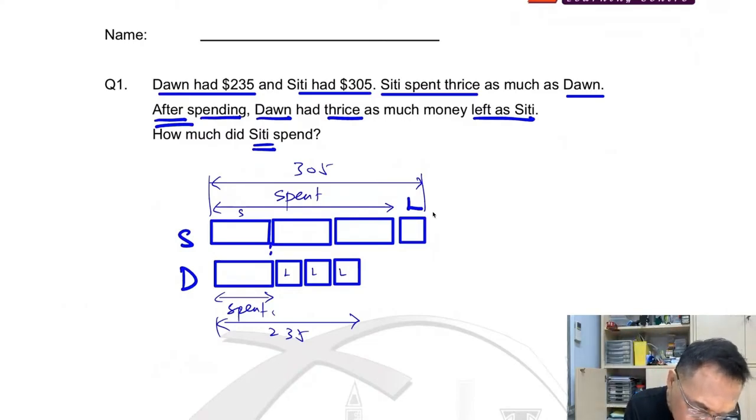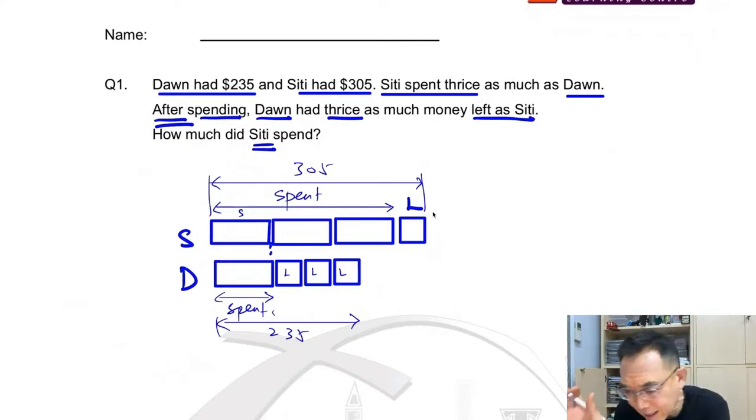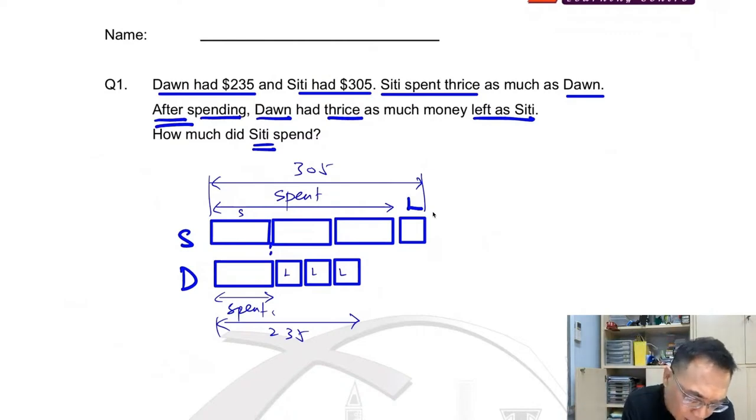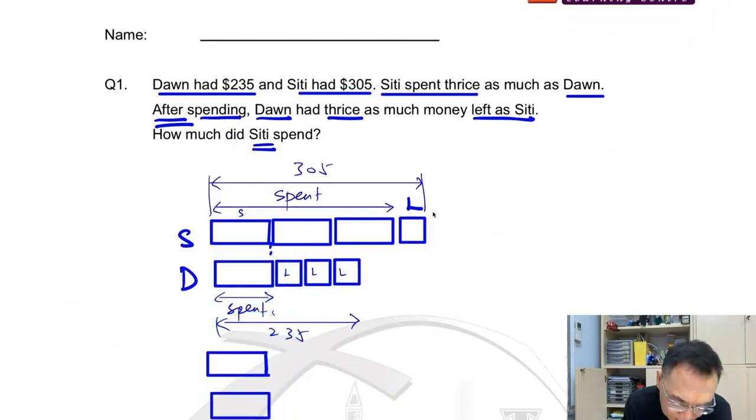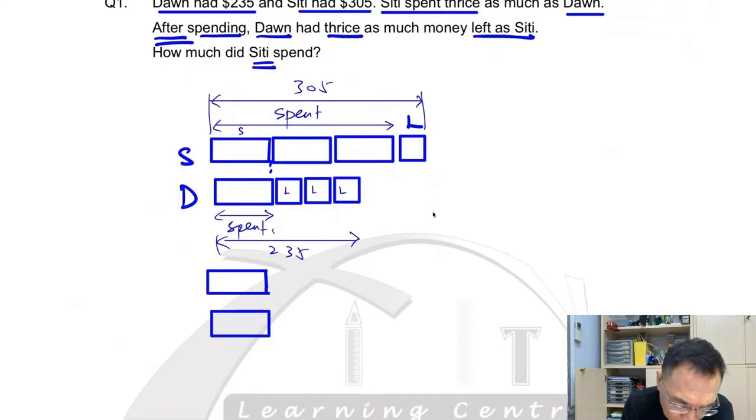I'm going to take the pieces that are the same size, and I'm going to put them together. What that means is, I'm going to take this and this, and I'm going to put them side by side. Then, this is piece number 1.